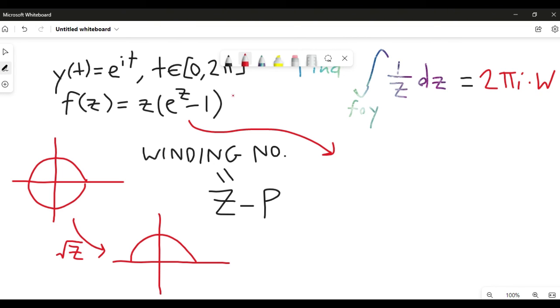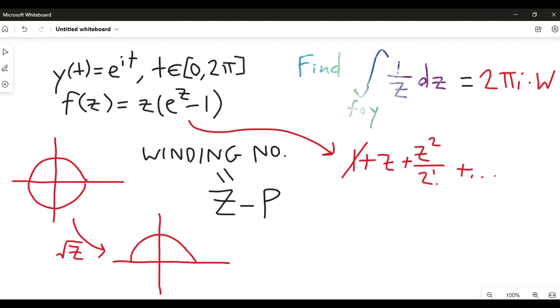But okay, so looking at this, I have e to the z minus 1. And if you're familiar with e to the z, you know that this is 1 plus z plus z squared over 2 factorial plus dot dot dot. If we take away 1 from this, we're just going to have the z plus the z squared over 2 factorial and so on.